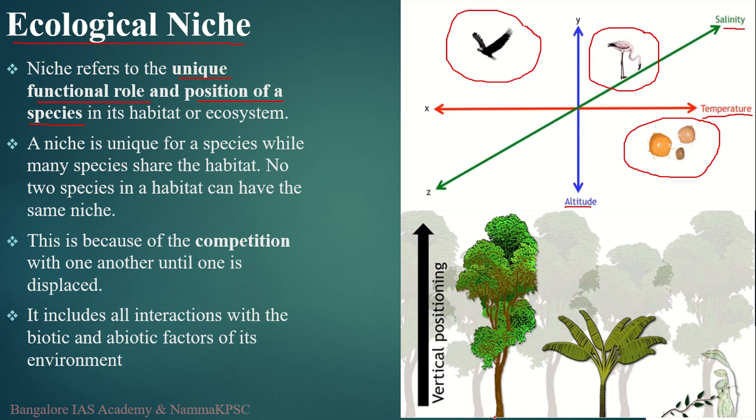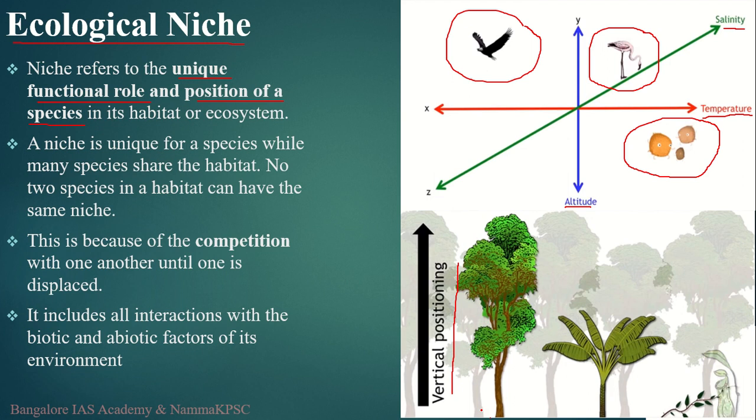habitat or to a particular condition in order to reduce competition is seen in many organisms, especially in rainforests, where we should be able to see vertical positioning. We always say that rainforests show maximum biodiversity. So if you have maximum biodiversity within the rainforest, you have maximum competition. Now, if competition is more, species will find it difficult to survive.